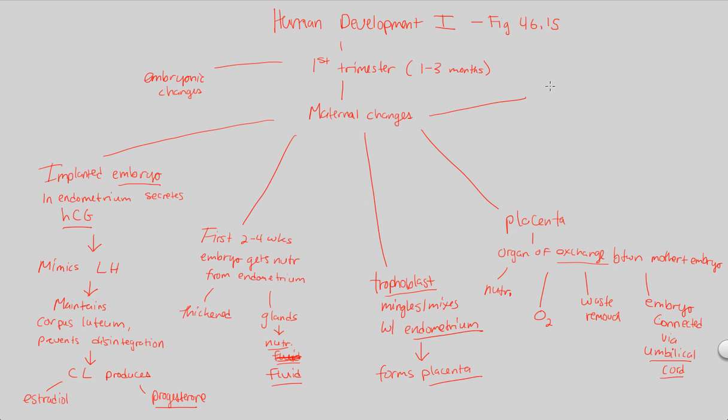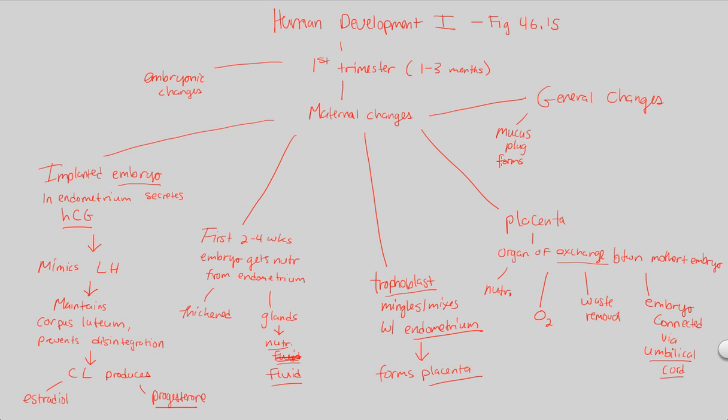And then finally, to conclude, there are some much more general changes that occur throughout the maternal female body as pregnancy is occurring. These are more specific mechanistic changes that are occurring. Other more general changes include the fact that a mucus plug will form, and this is specifically going to be at the cervix.